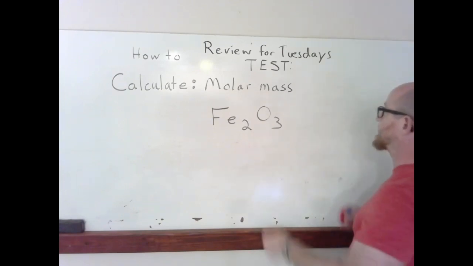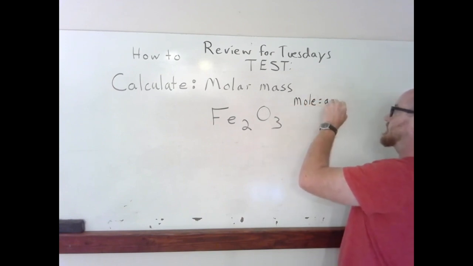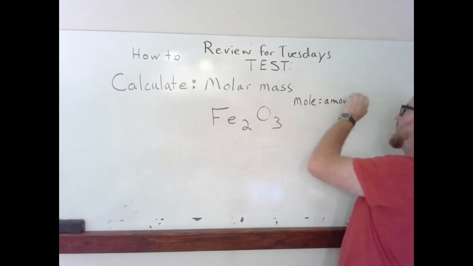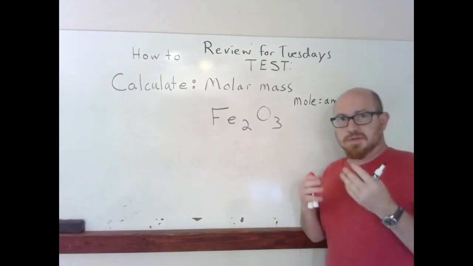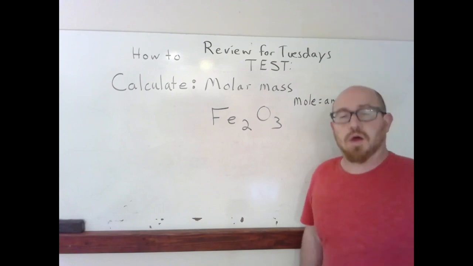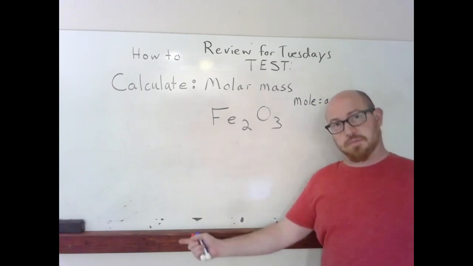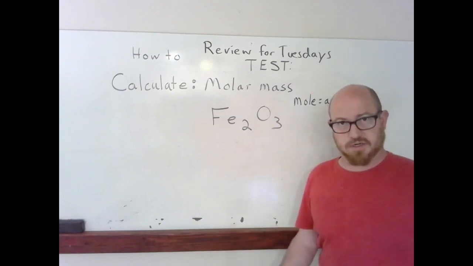A mole is an amount, and an amount of a specific number. If I say dozen, you conjure up the number 12. But what a mole is for a chemist is a very, very large number. We call it Avogadro's number.